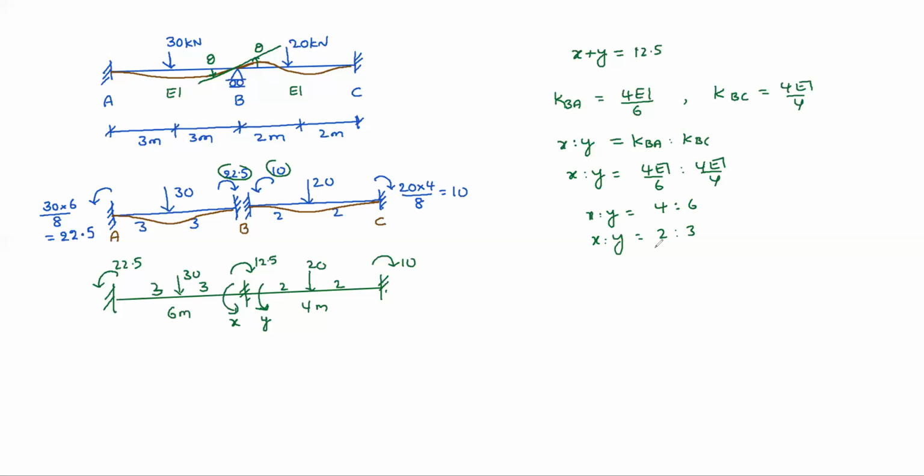By dividing with 5, 2 plus 3 is 5. That is 2 by 5 is to 3 by 5. Which is equal to 0.4 is to 0.6. That means 40% moment we need to give to BA span, 60% moment to BC span to make it 0 there.